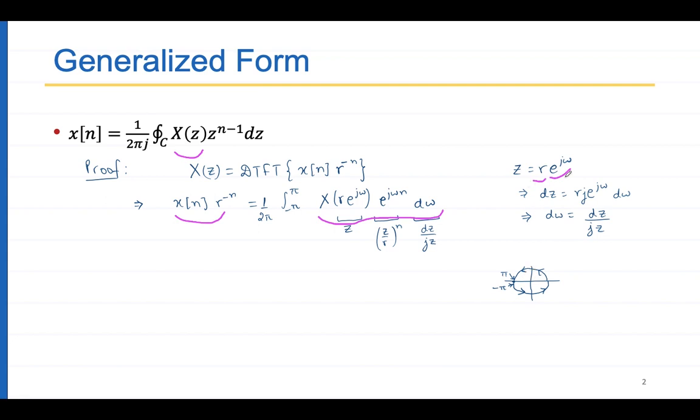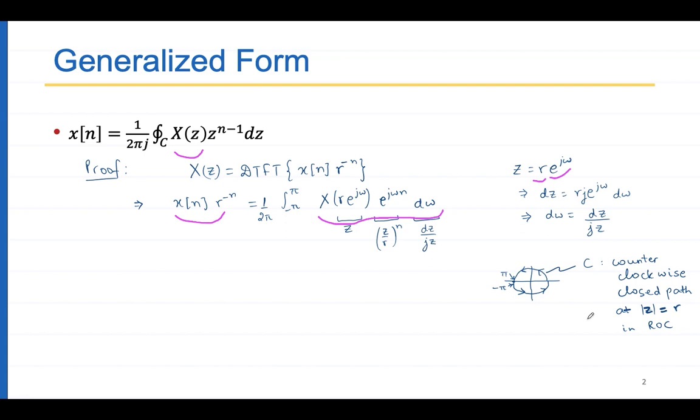But if r is not 1 but any other arbitrary value, then it's a counterclockwise closed path at mod z equal to r, basically a circle with fixed radius r. And this circle should lie in the ROC, because r should lie in the ROC for convergence to happen.